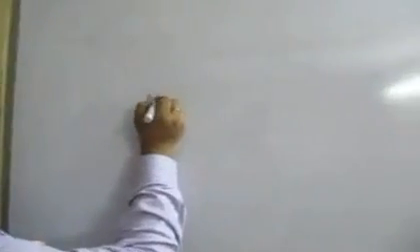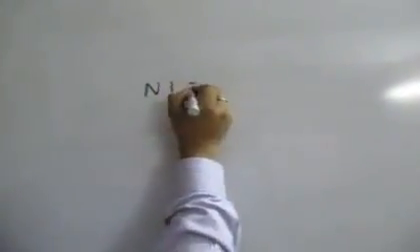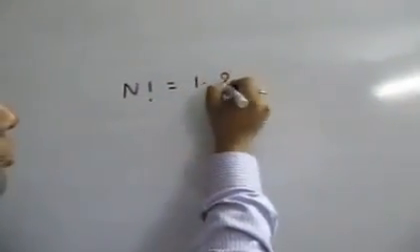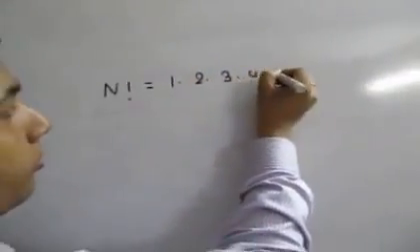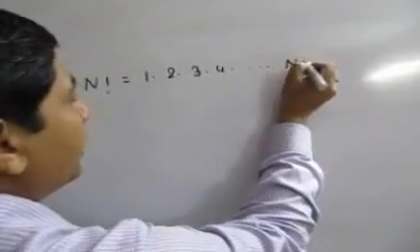What is factorial? Factorial is defined as the product of n consecutive numbers. N factorial is the product 1 into 2 into 3 into 4 up to n.